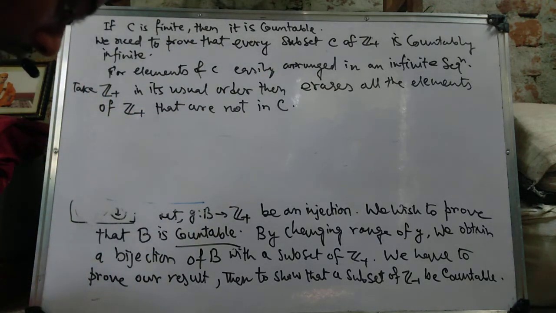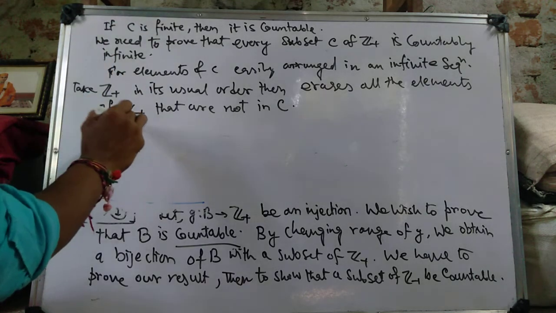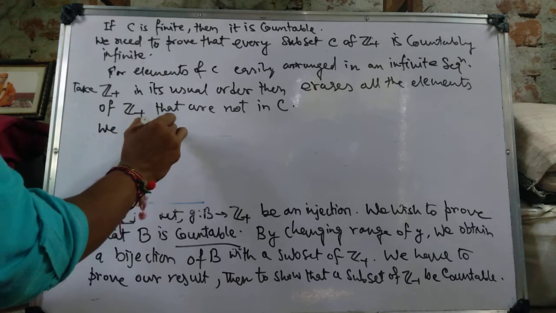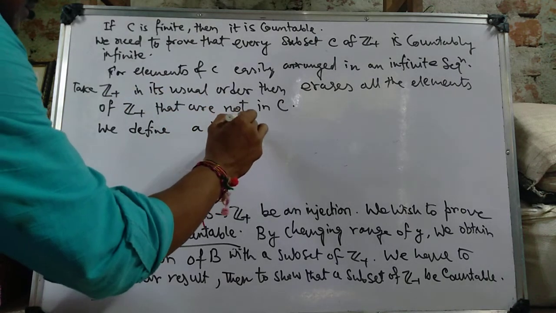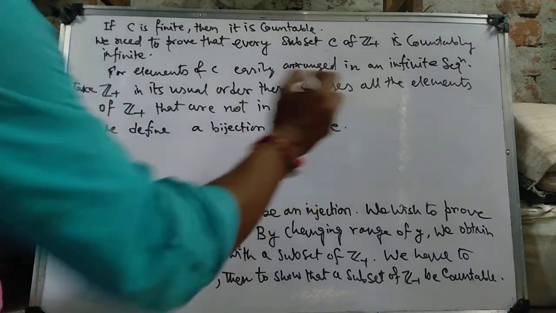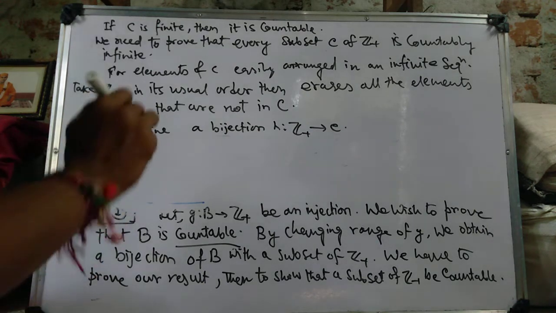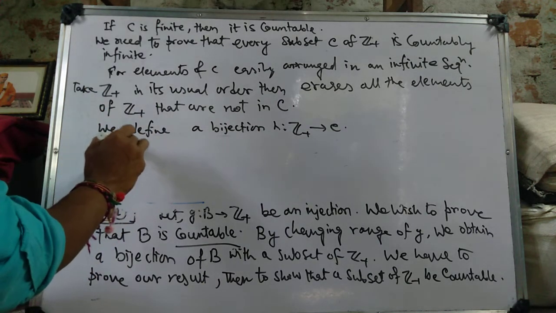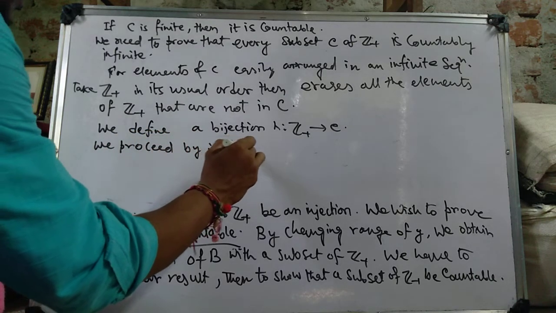So what we do is define a bijection h from Z⁺ to C. Then we proceed by induction.